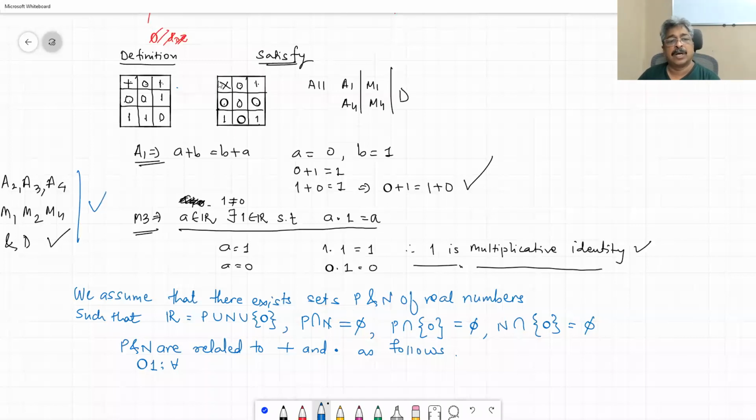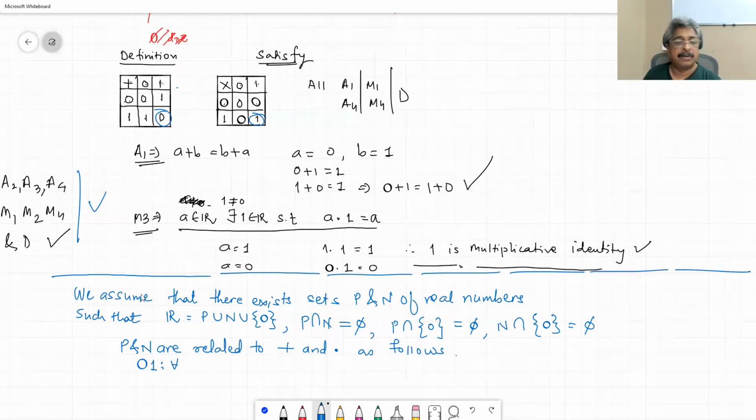With this definition of addition and multiplication, everything survives. 0 becomes the additive identity, 1 becomes the multiplicative identity, and so on. Therefore, by a few more definitions like this in addition and multiplication, we really cannot expand our real number set which we wish to, and therefore we have to assume a few more properties.